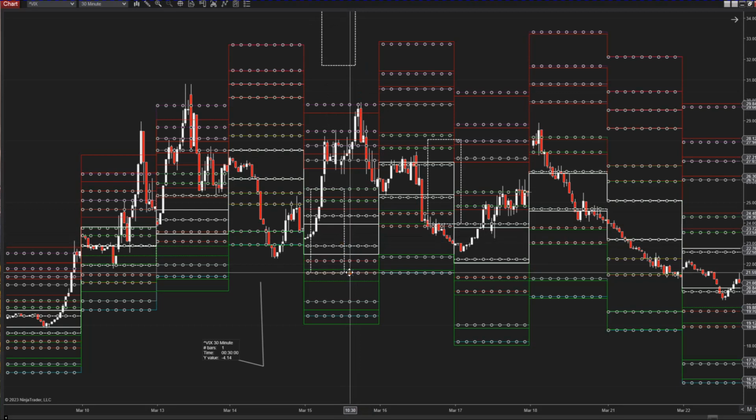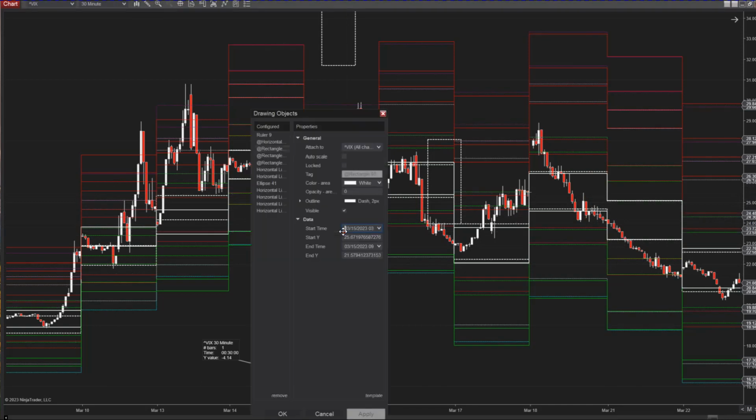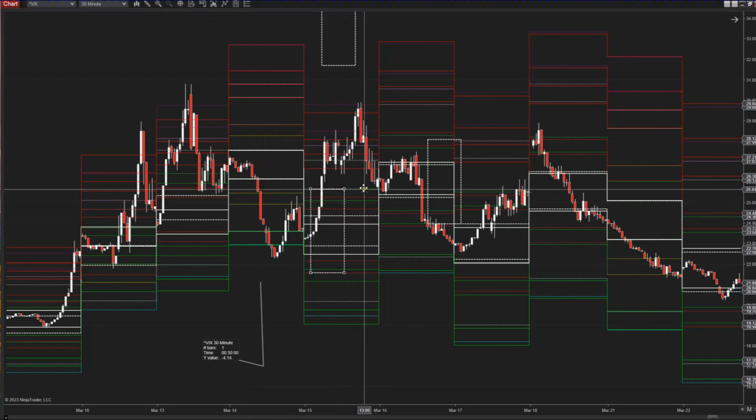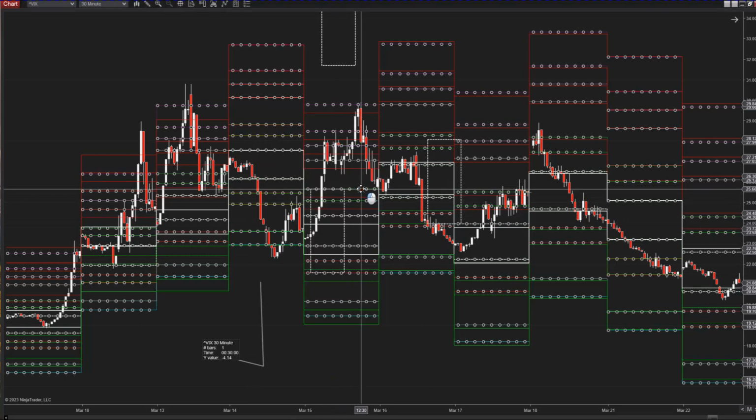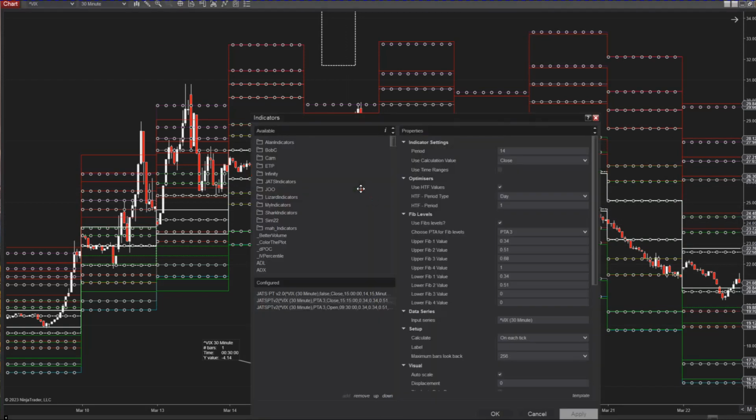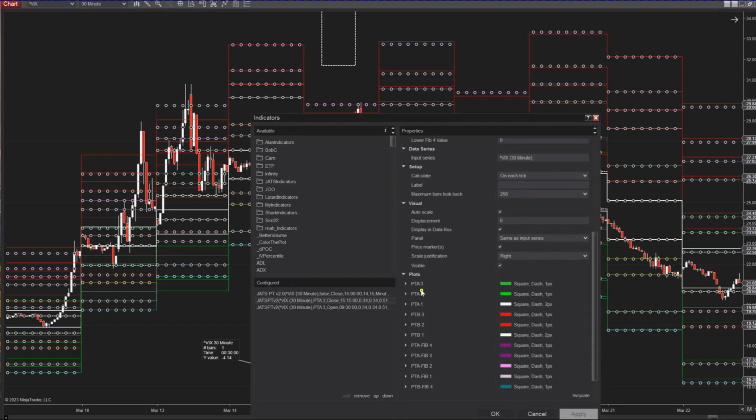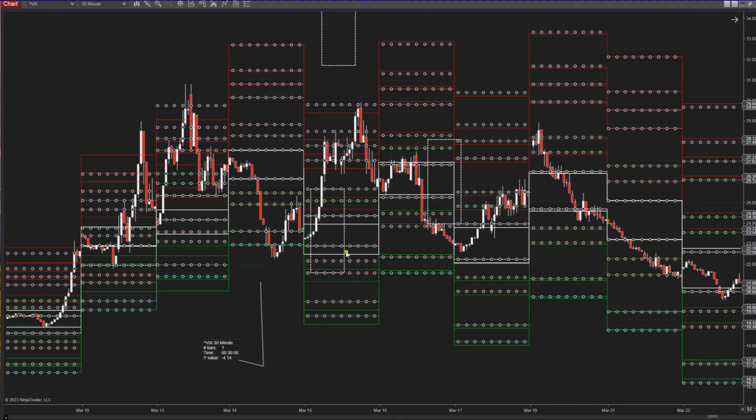So right here, that red line and that green line is one distribution of a daily range. The daily close, and so it's measuring PTA3 to PTB3, the red to the green, for that full daily range.